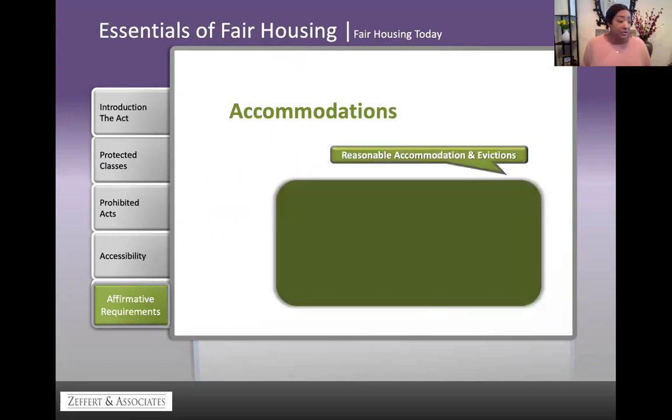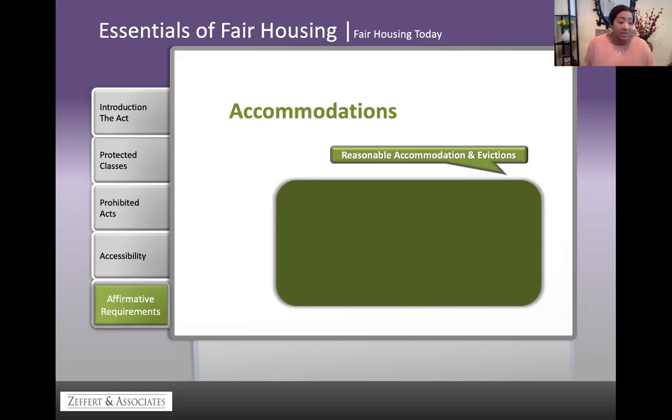The next one, if you turn to page 12, with regards to making a reasonable accommodation and evictions, I'm going to read that gray box at the top of page 13 in a second, but I want you to look at that next example. It says a person with disabilities. So this is reasonable accommodations and evictions. I want to be clear.